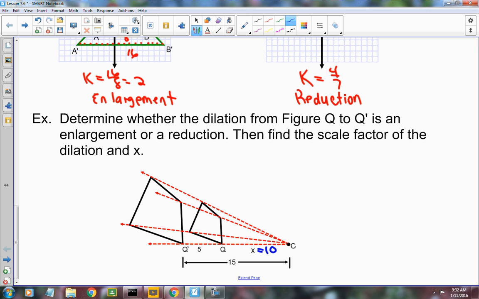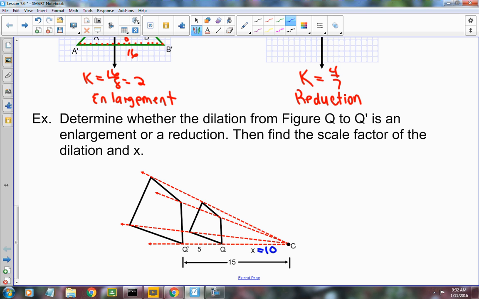Okay? And so it says determine whether the dilation from Q to Q prime is an enlargement or reduction. Well, you can tell by looking at it that it's what? From Q to Q prime is going to be an enlargement, right? So my scale factor needs to be greater than 1. Yes? Okay? And so we look at the distance it is from the center of dilation. And so what goes on top? Your image, right?